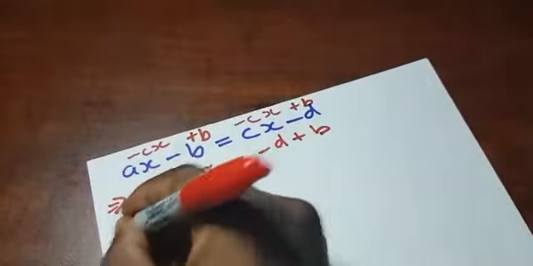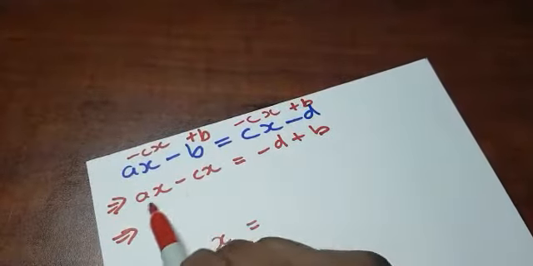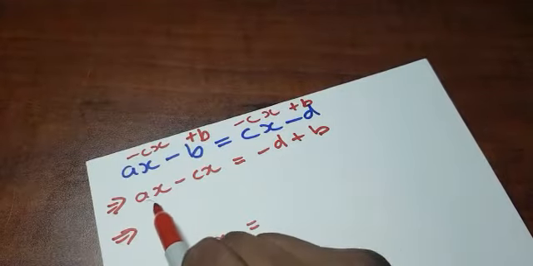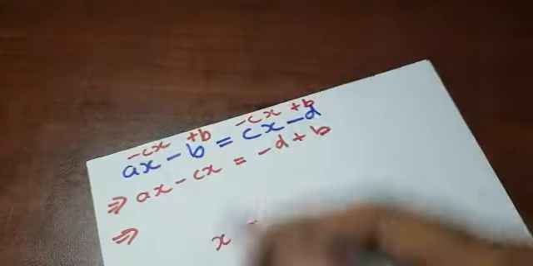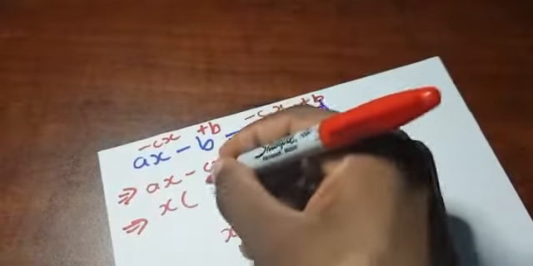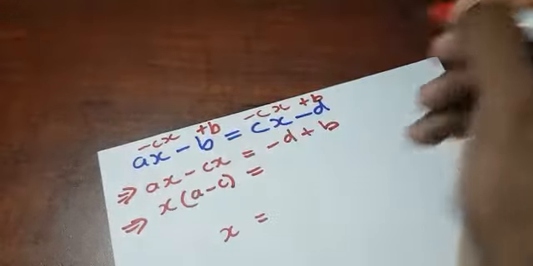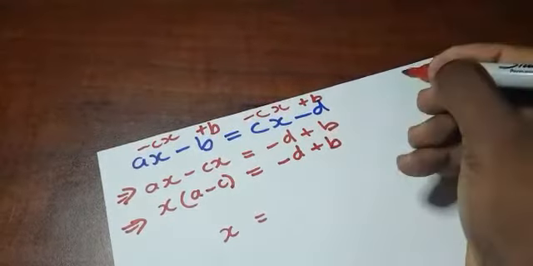Then in my next step, we see here that we can't add these, but we can factorize because x is common to this term here and x is also common to this term here. So putting x on the outside, open bracket, a minus c, that is equal to minus d plus b.